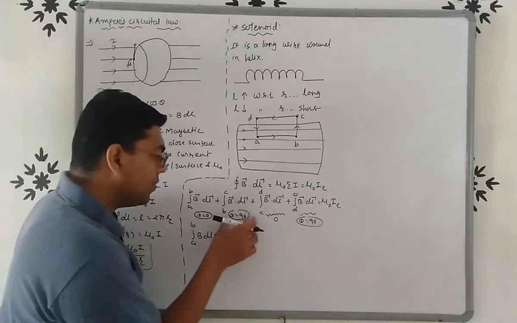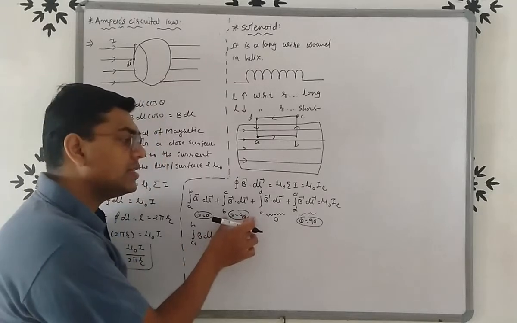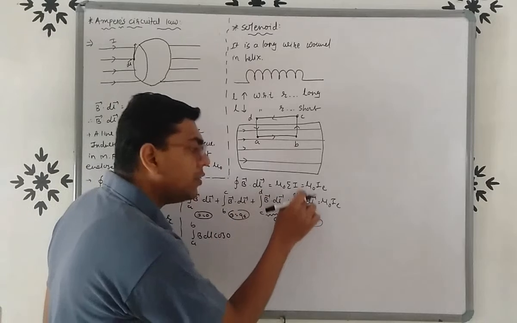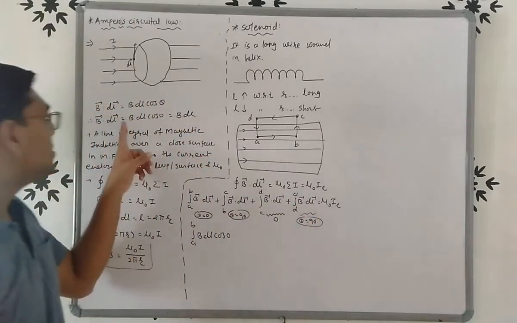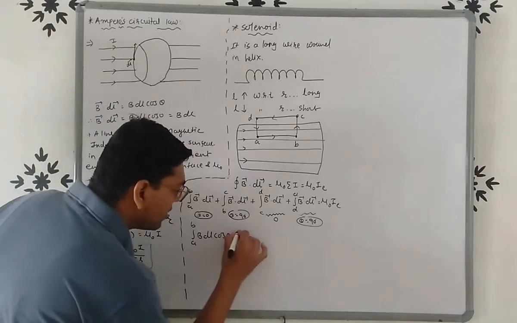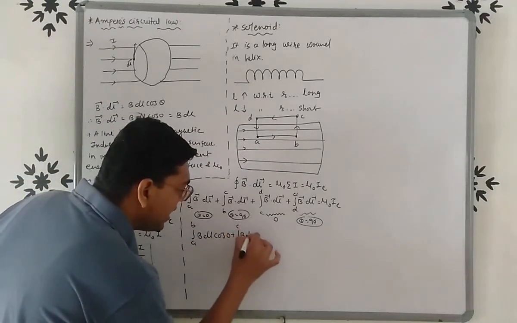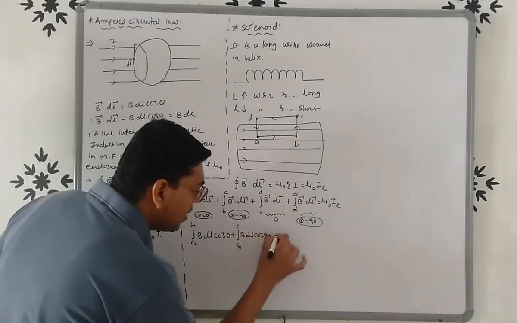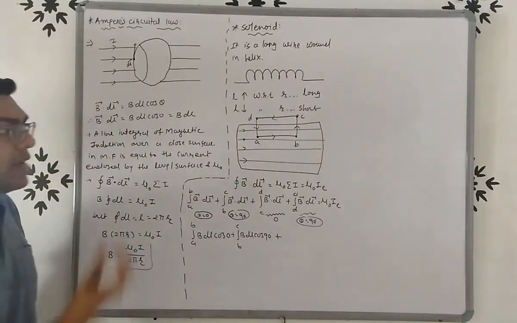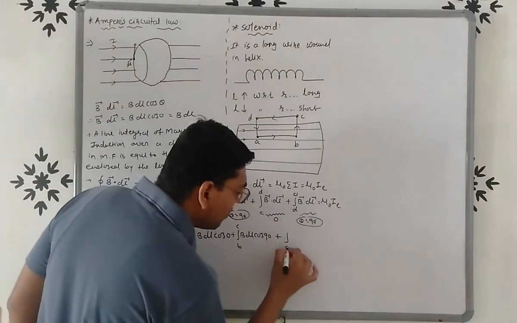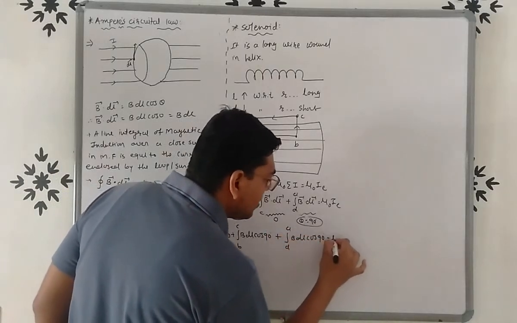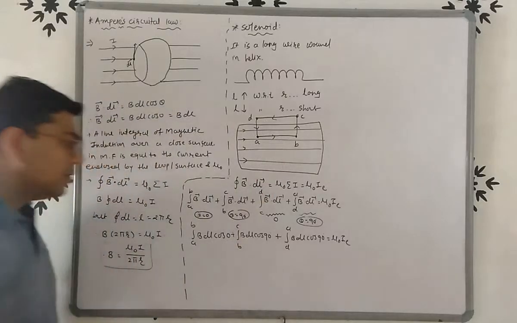So for B to C the term is 0, and C to D is 0. For D to A, the angle theta is 90, so B dl cos 90 is 0. So we have B dl cos 90 for B to C, plus for C to D it is outside the solenoid so the magnetic field is 0, plus for D to A B dl cos 90, equal to mu 0 IE.